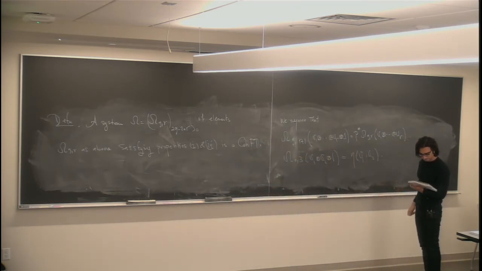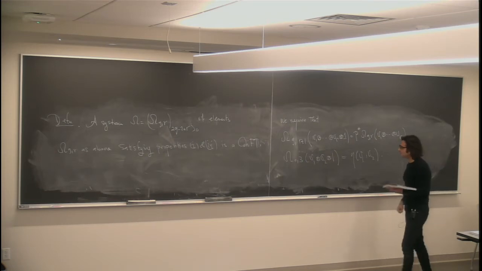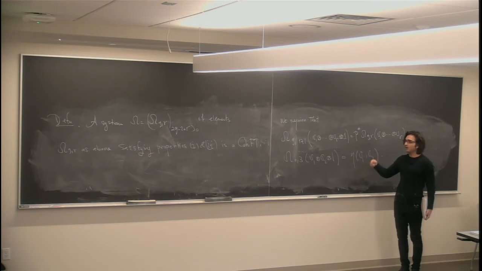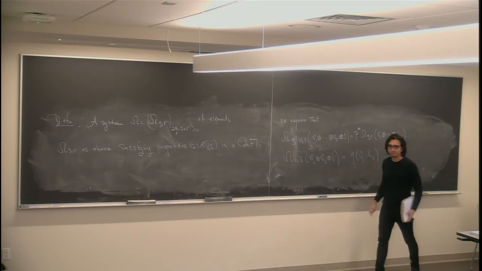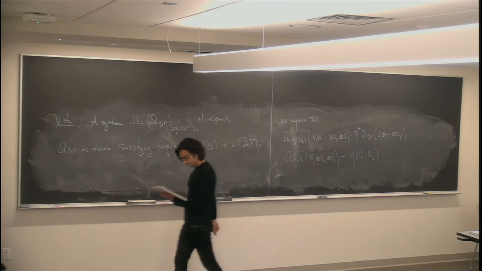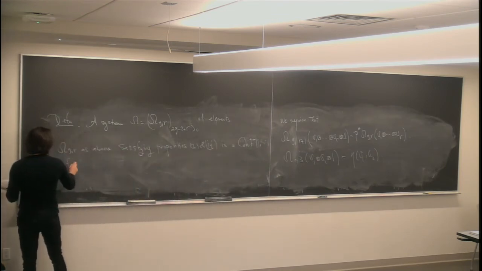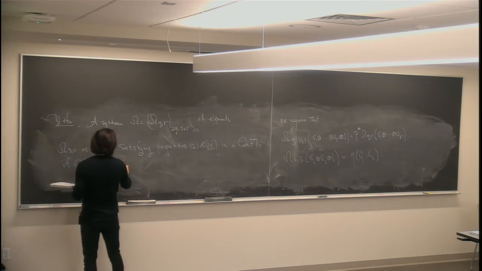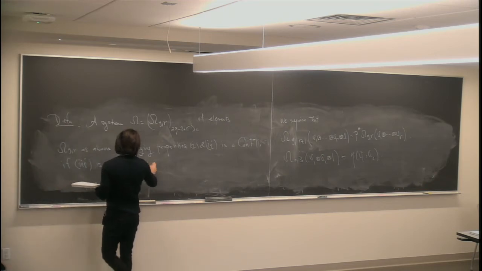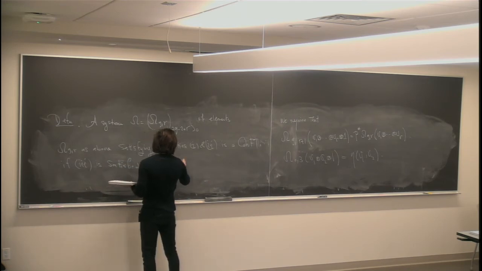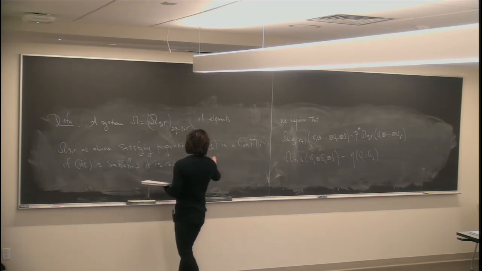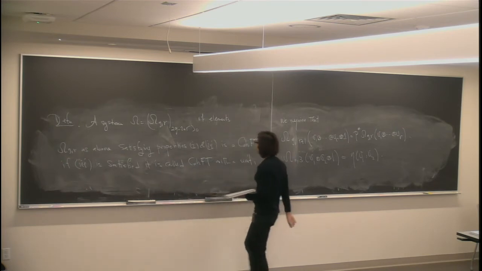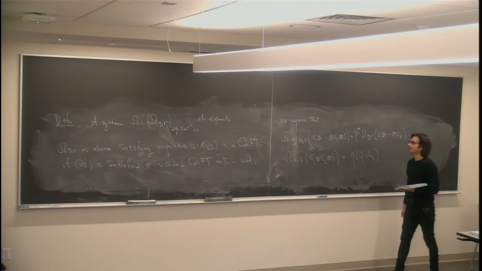That's it. If property 3 is satisfied, it is called a cohomological field theory with a unit.